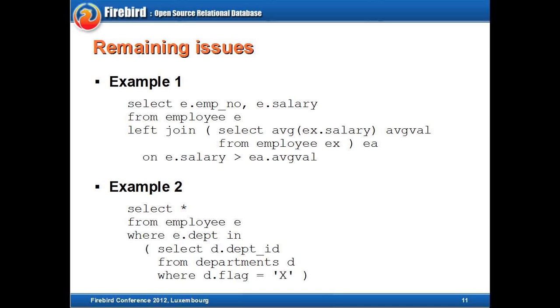And the second example is a simple one illustrating the problem with in. If you think that the engine will read and cache the department table filtered by the predicate and then try the employee table against the cached record set, it's not true.